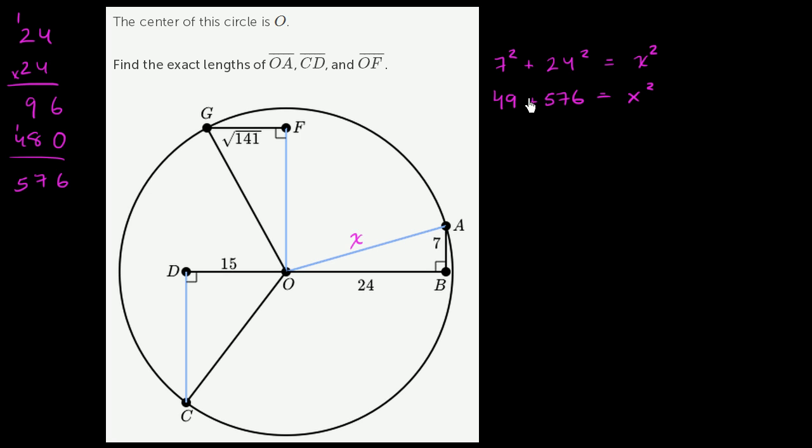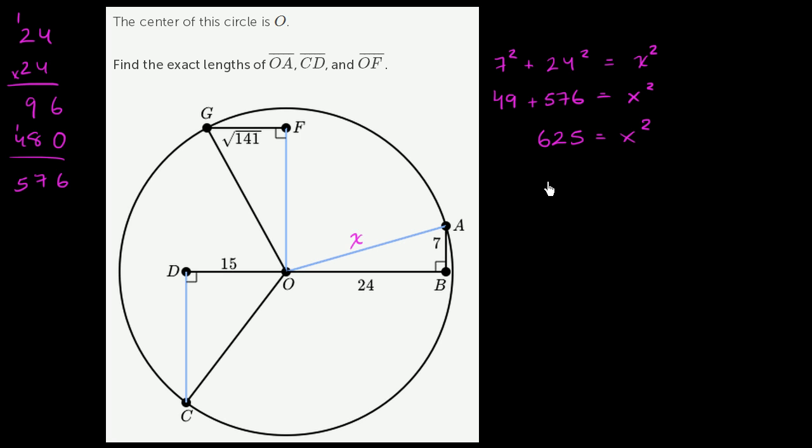And so let's think about what this is going to be. This is the same thing as 50 plus 575. I just took one away from this and added one here. So 50 plus 575 is 625. So 625 is equal to x squared.